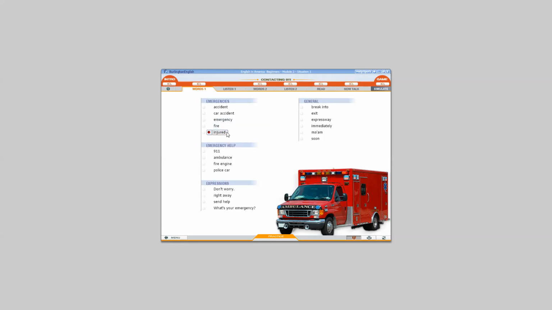Injured. Injured. Injured. Injured. 911. 911. Ambulance. Ambulance. Ambulance. Fire engine. Fire engine. Fire engine. Police car. Police car. Police car. Okay, that was emergency help.